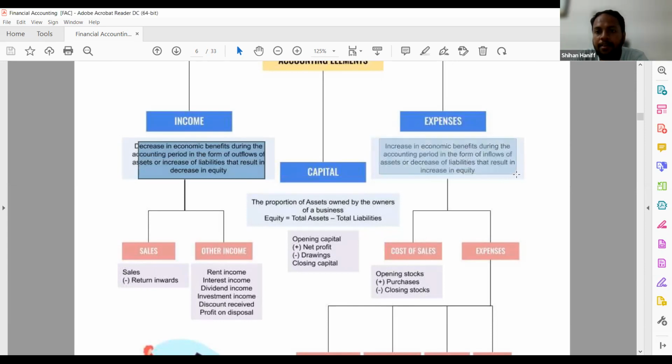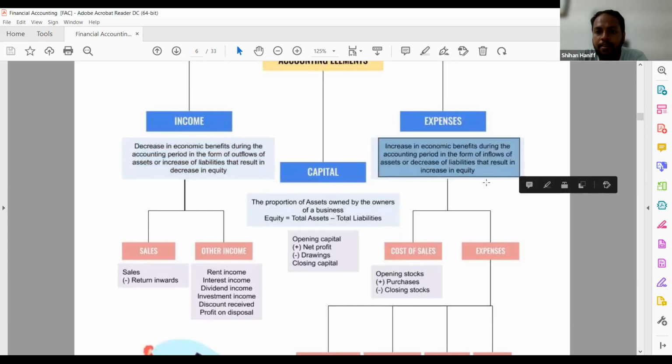Income means an increase in economic benefits. As a result, for income, assets will increase or liability will decrease. For expenses, assets will decrease or liability will increase. Finally, it will affect the equity.